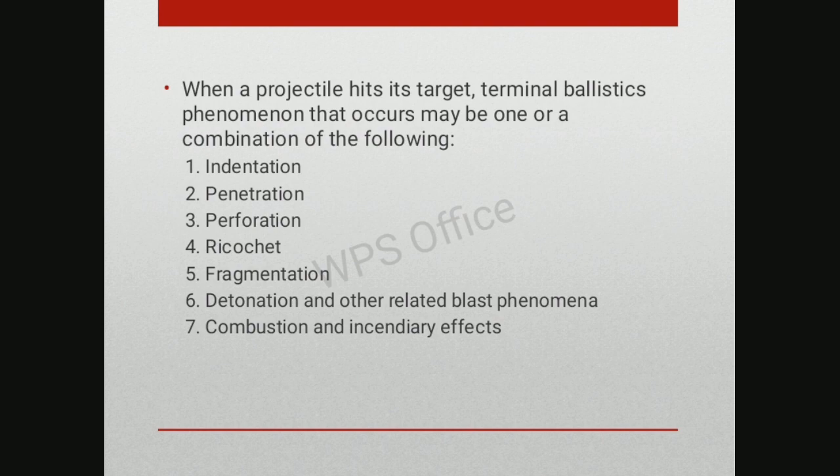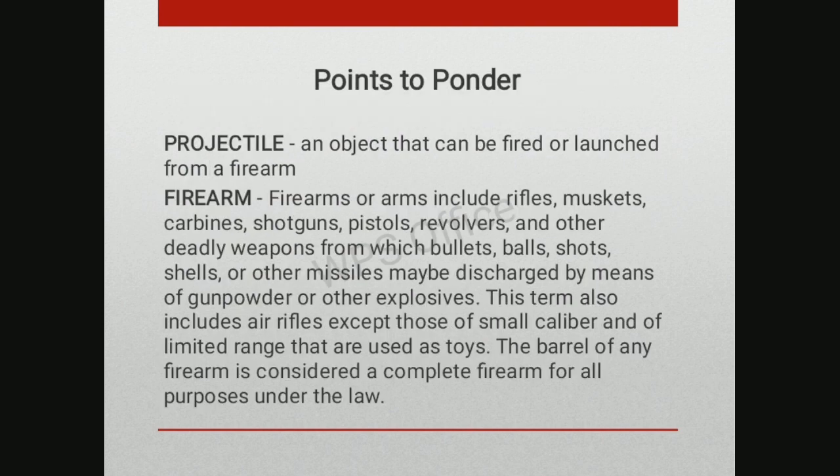Okay, so that's with regards to the different things that transpire during terminal ballistics. Now let's talk about some of the terms that we should be familiar with in the field of forensic ballistics, such as number one, we have here projectile. What is projectile, by the way? Projectile refers to an object that can be fired or launched from a firearm.